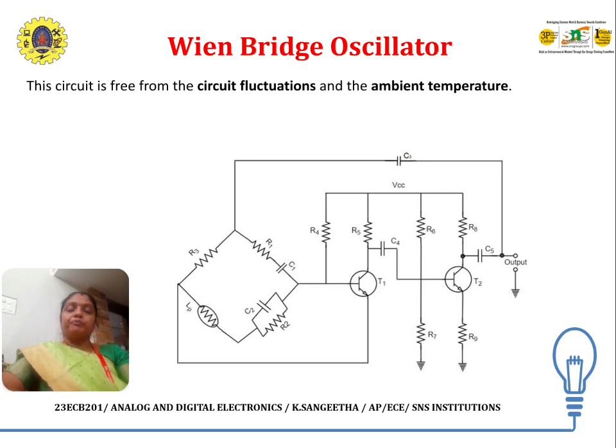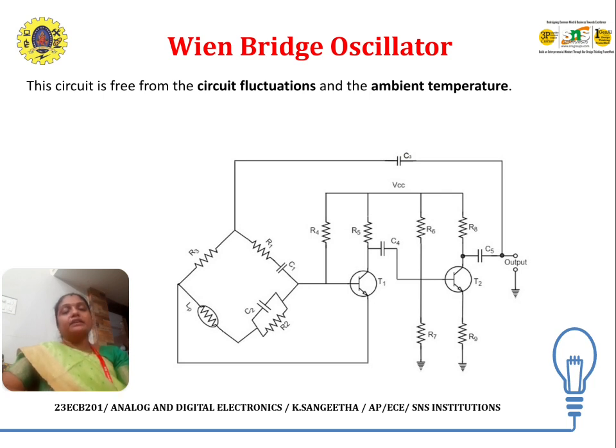The tungsten lamp is mainly used to produce automatic gain control. Due to the automatic gain control, the frequency stability can be increased.